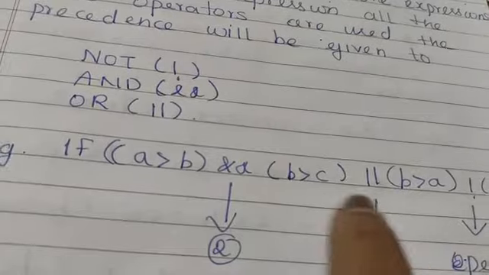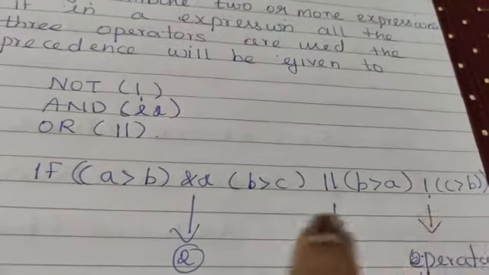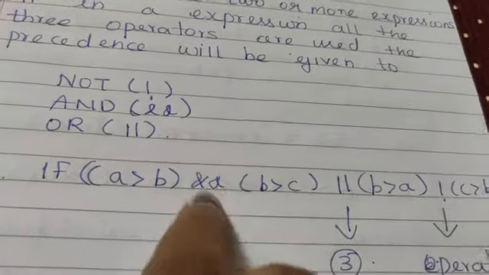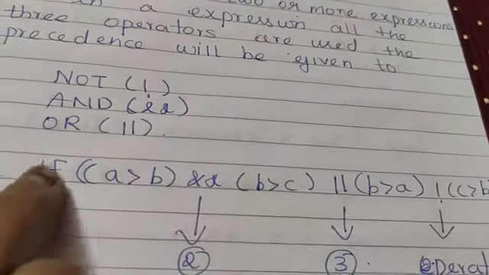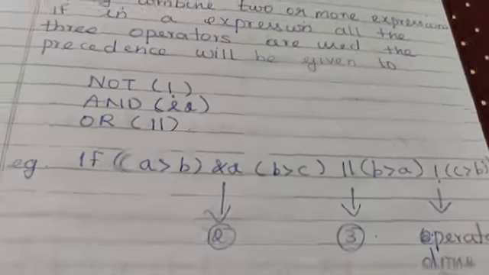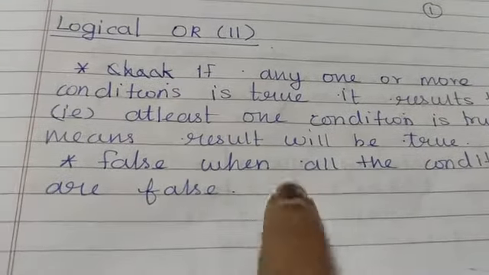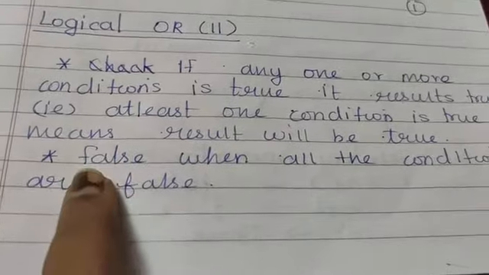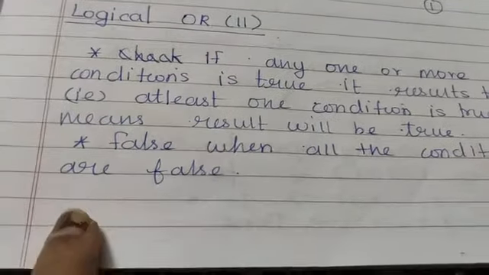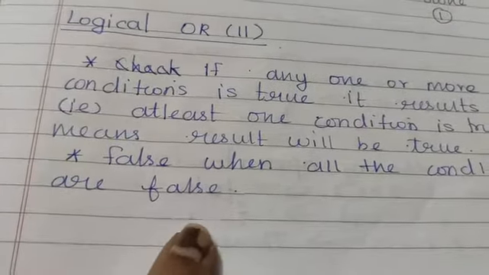It need not be that all of the expressions are true. If any one of the expressions is true, then it will result in true. That is, at least one condition being true means the result will be true. It is false only when all the conditions are false.